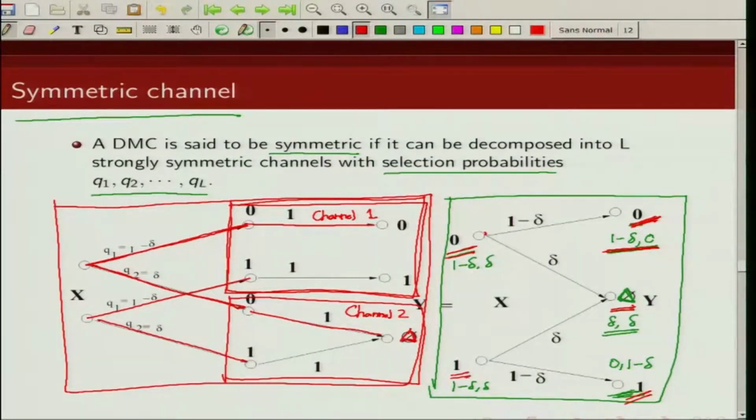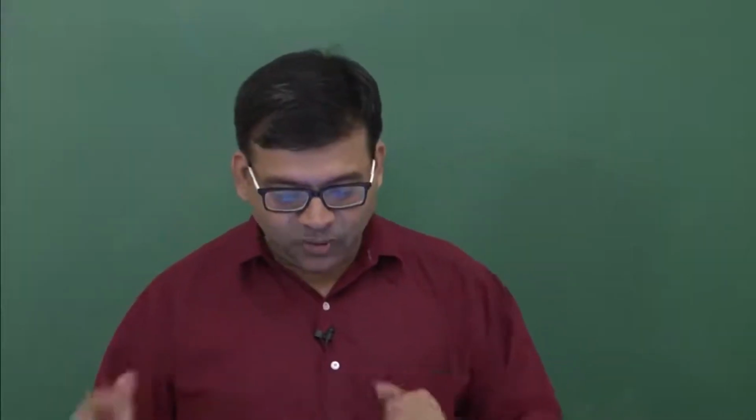Similarly, when you consider this particular input, the transition probability to this particular output is delta. So from 1 you can go to this state, with delta into 1, which is exactly the same, and 1 to 1 is 1 minus delta into 1. So these two channels are exactly equivalent.